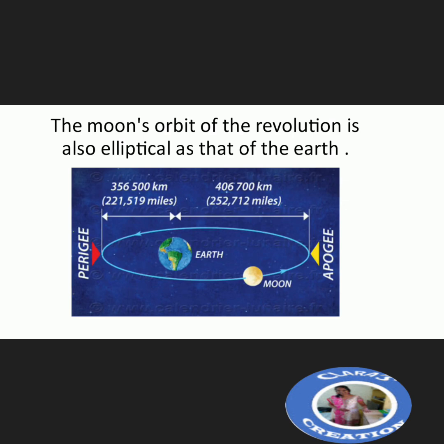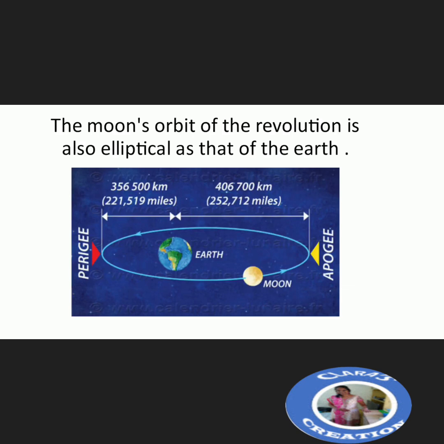Hence, the distance of the Moon from the Earth is not the same everywhere. You can see here the distance is mentioned in figures.